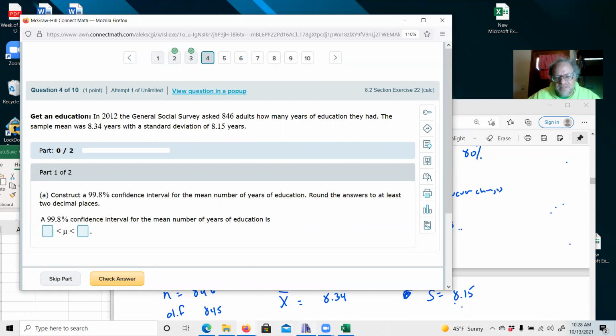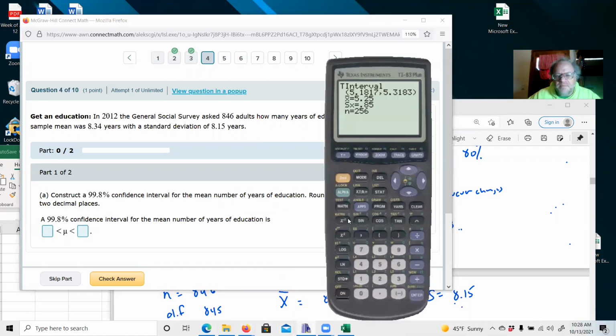Okay, 2 decimal places. So here we go. So stat, tests, okay, t interval. We're going to input some values here. So we're not going to need data. We didn't get numbers for 846 people.